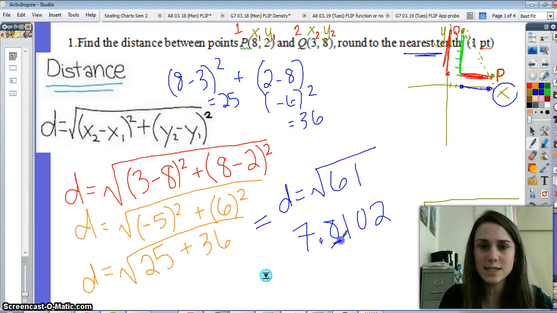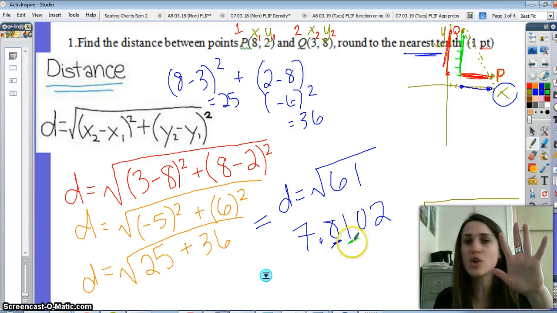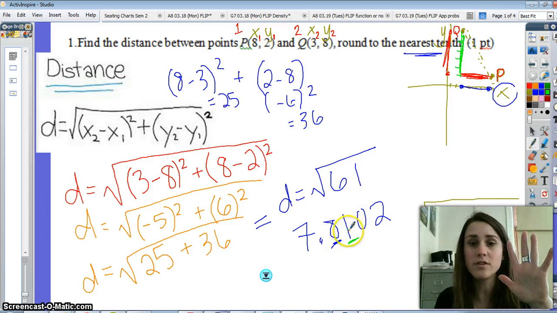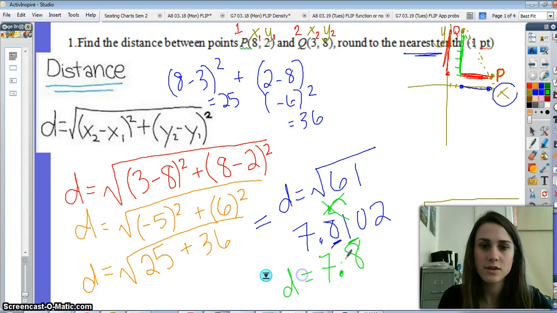The tenth is this place right here, one place after the decimal point. I'm looking at the number after, the number in the hundredths place. It is not bigger than 5. It's 1. So I'm not going to round up. So my answer is left as the distance equals 7.8. There are 7.8 units between points P and Q.